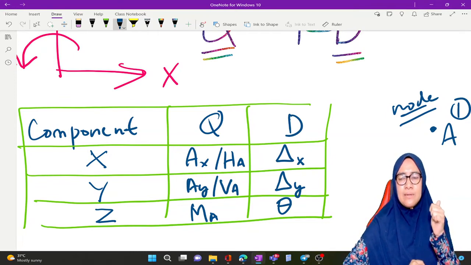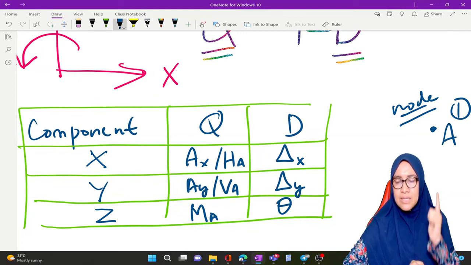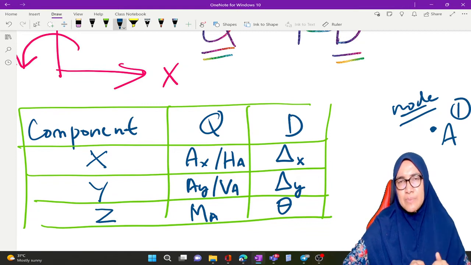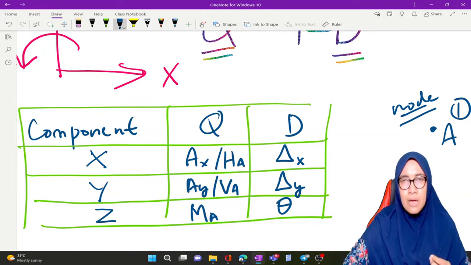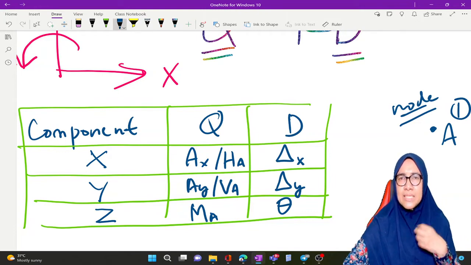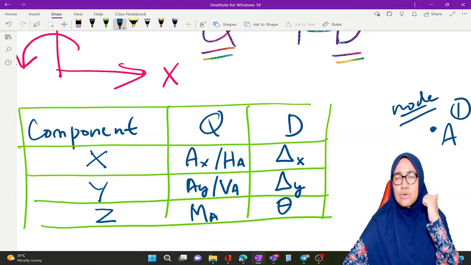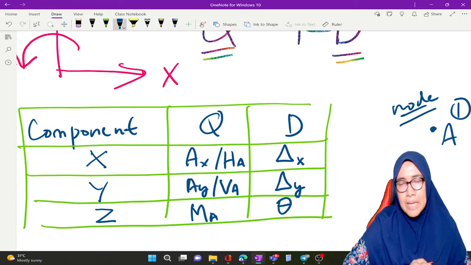Horizontal displacement, vertical displacement, and rotational displacement. Rotational displacement we normally call rotation, or slope. Rotational displacement and slope are the same.